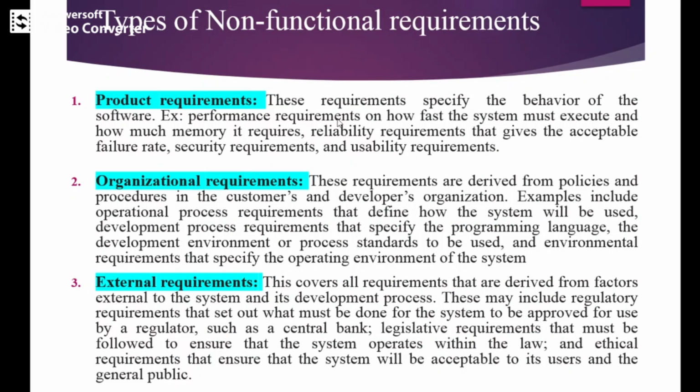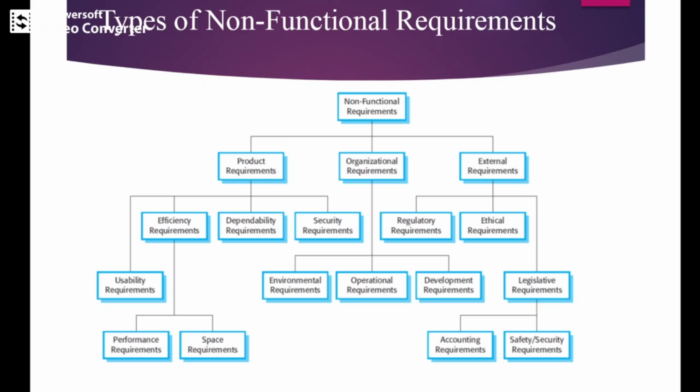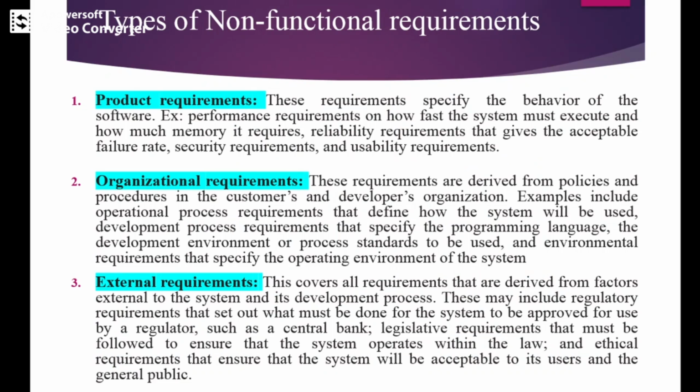Performance requirements tell how fast the system must execute and how much memory it requires. Then, reliability requirements give the acceptable failure rate, the rate of failure occurrences of your system.